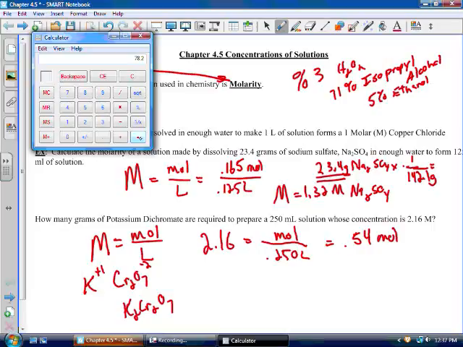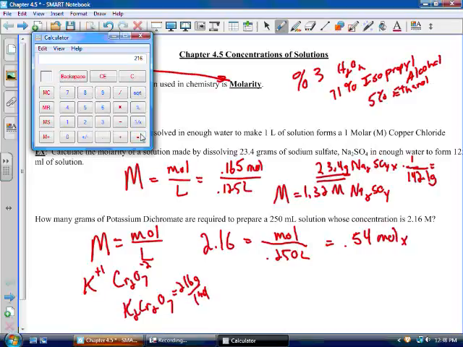Chromium from your periodic table is 52, so that's 104, plus 7 oxygens. 7 times 16 comes out to be 112. So we add all those up, and we get a molar mass of 216 grams per mole.